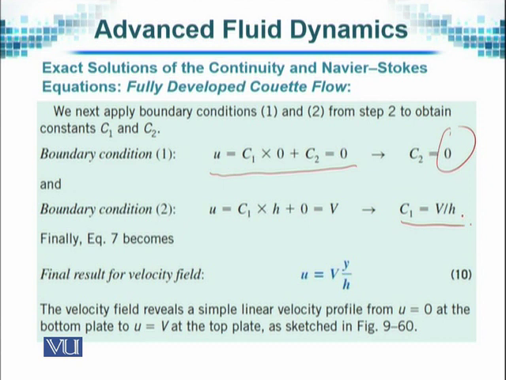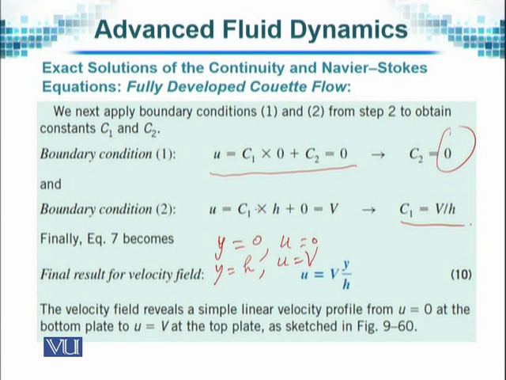The boundary conditions are that when y is equal to 0, u is 0, there is no movement there, but when y is equal to h, then u is equal to V. Substituting y equal to 0, we obtain C2 equal to 0, and again when y is equal to h, then u is equal to V.